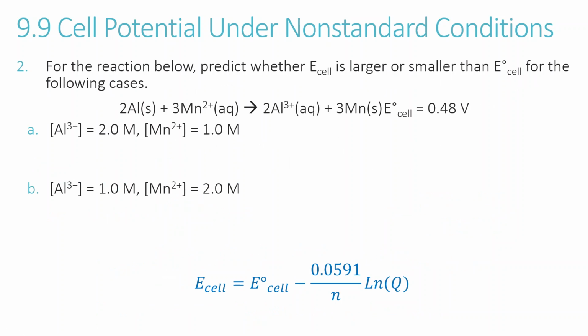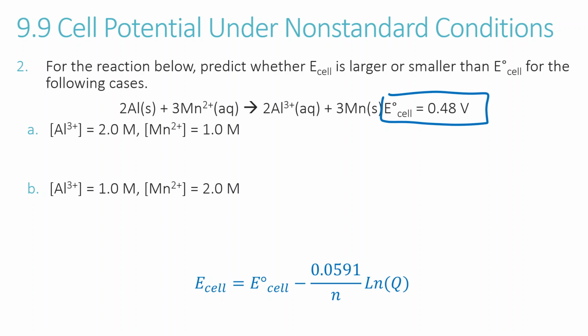For each of these, we want to predict whether the E cell is larger or smaller than E naught cell for the following cases. So we have our standard voltage here, and we want to try to predict if I use these different concentrations, would I get a bigger voltage or a smaller voltage?